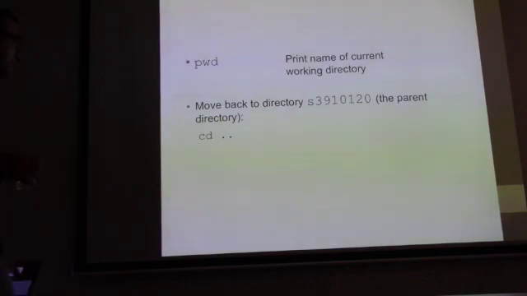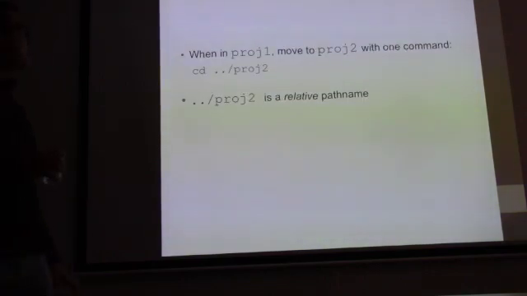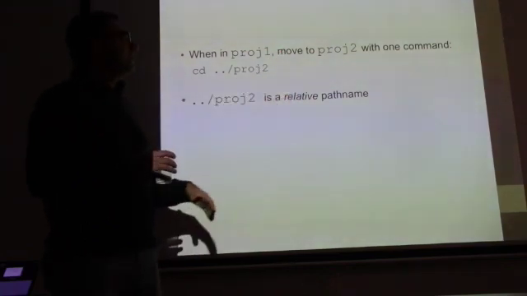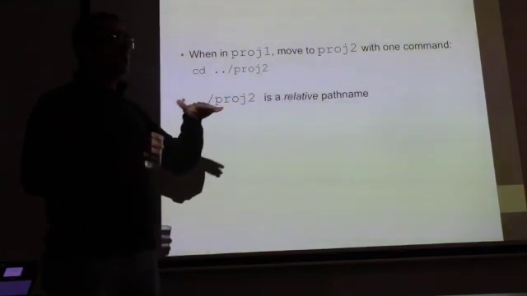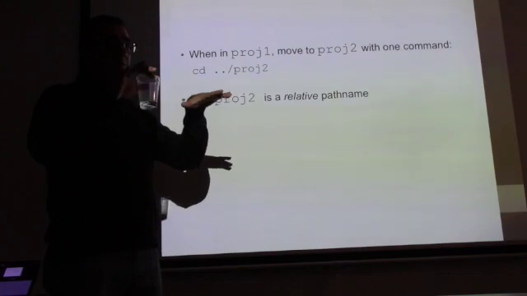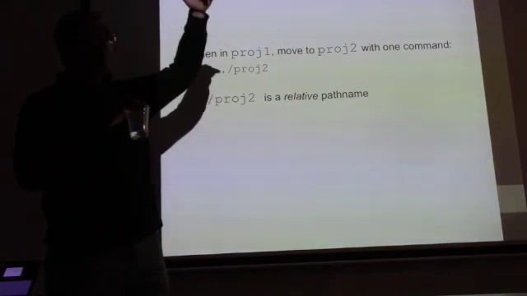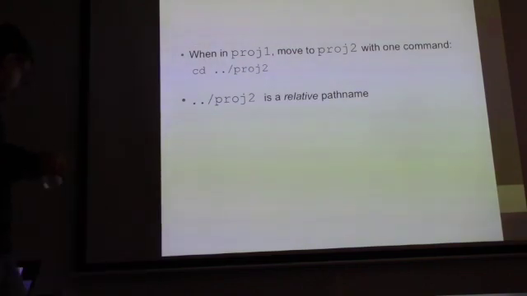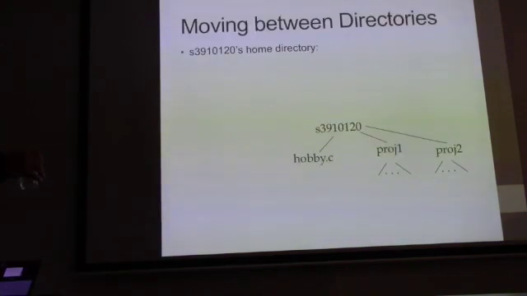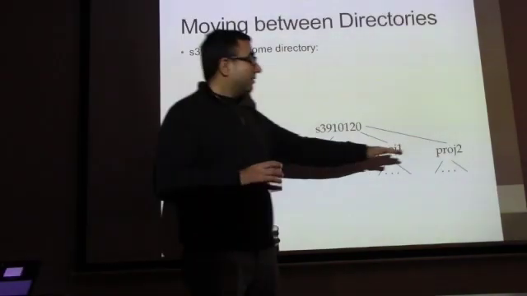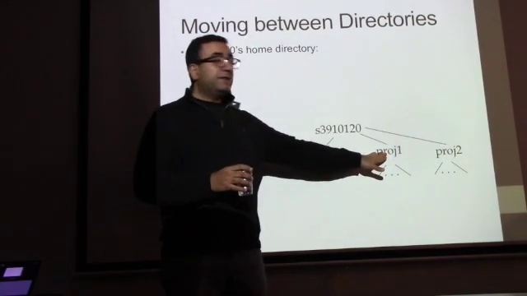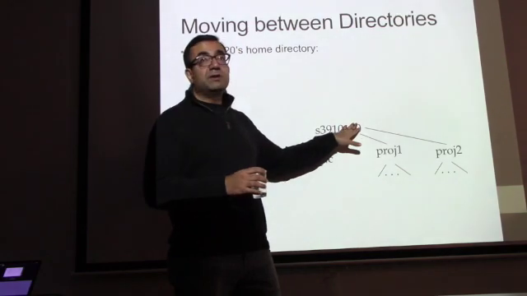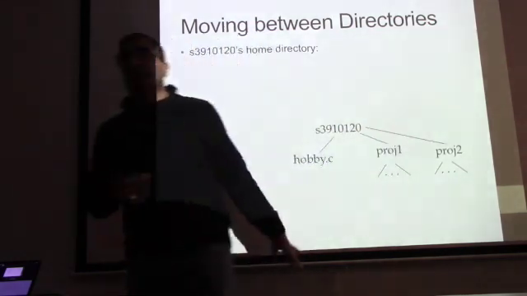Okay? All right, next. Supposing you're in project 1 and you want to go to project 2, well, obviously project 1 and project 2 are at the same level. So you have to go one level up in order to then go back to project 2. So I don't know if you guys remember, but this is our tree. We are now in project 1. There's no way to go directly to project 2. We have to go one level up and then go here.